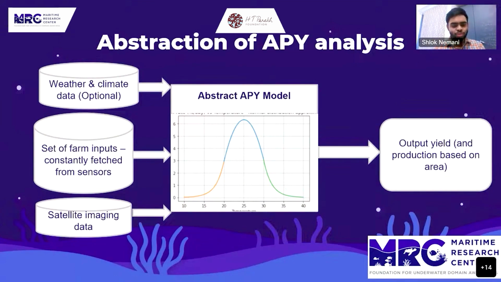Weather and climate data is optional, as is satellite imaging data, which we are trying to integrate into the APY analysis. But in the first iteration of the work, we are only looking at the set of inputs from the sensors which affect the complex biological processes of the shrimps and seaweeds, and trying to get hold of the output.